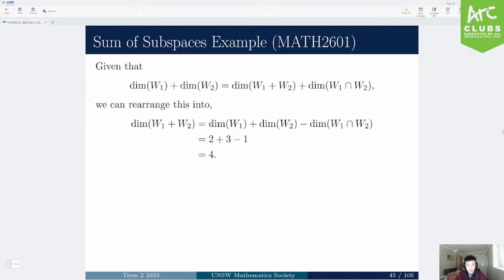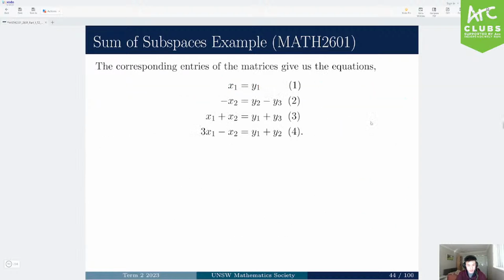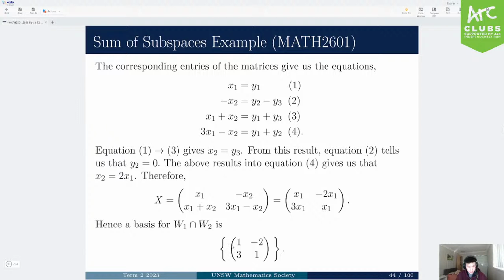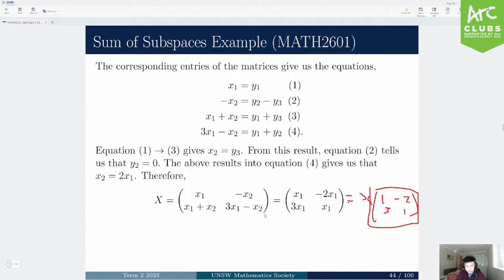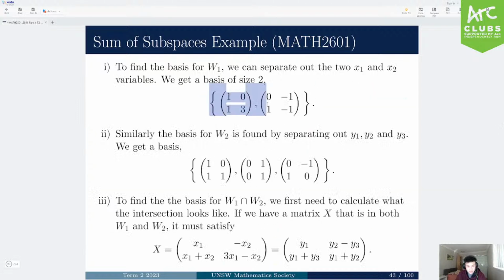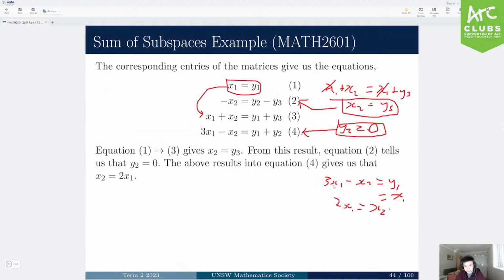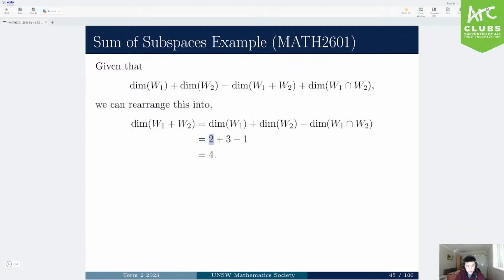And to find their dimensions, we just take the size of their basis. Notice that a basis here was just size 1, the basis here was size 2, and the basis for this one was size 3. So we get 2 plus 3 minus 1.